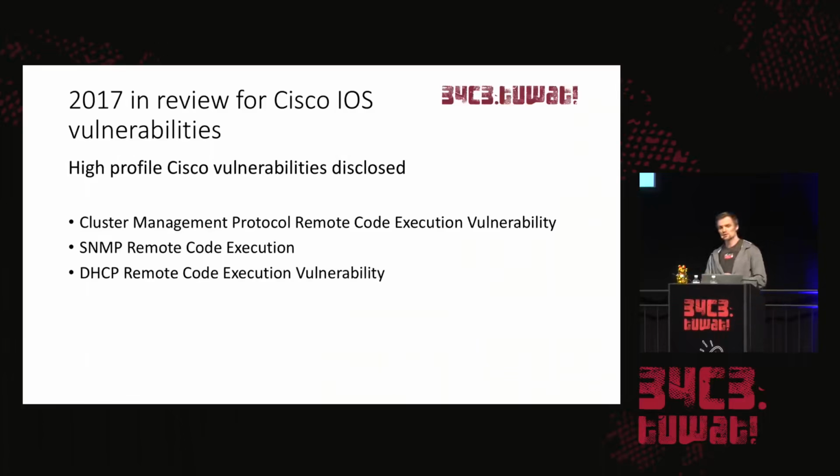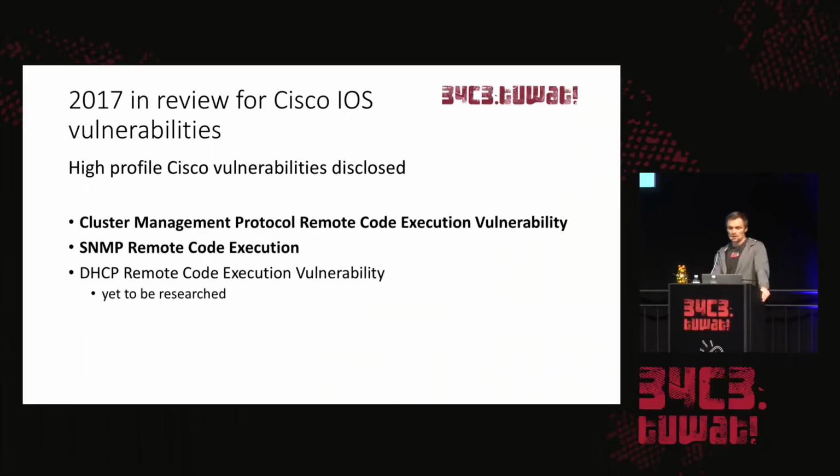The second one is SNMP overflow and the third is DHCP remote code execution. In this lecture, I'm going to be talking about 2 of those vulnerabilities because DHCP RCE is yet to be researched. So hopefully by the end of this talk, I'm going to be able to show you a live demo of exploiting the SNMP service in Cisco IOS. But first, what happened earlier?